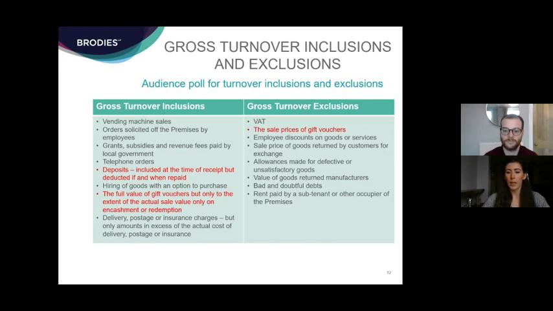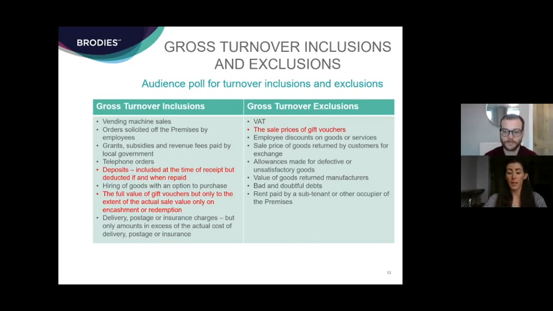Then if you look in the left-hand column for gross turnover exclusions, you can see that the last one there, rent paid by a subtenant or occupiers excluded, which is only taken where the subtenant or other occupiers' gross turnover is to be included and taken into account when calculating the tenant's gross turnover, as Matthew will shortly explain.